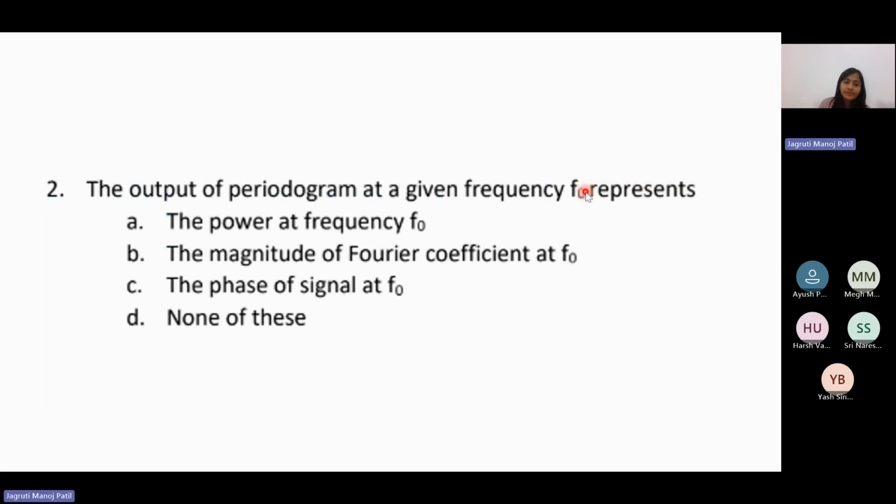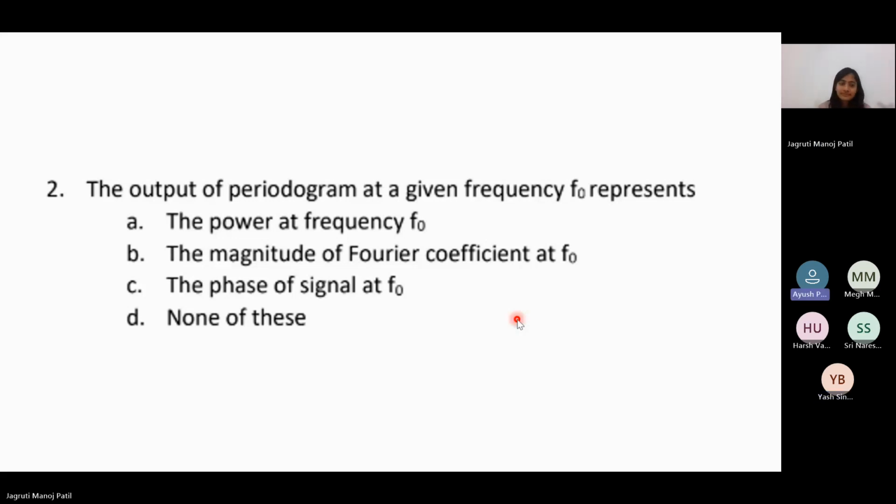The output of a periodogram at a given frequency represents what? The power, magnitude, phase, or nothing. Is it A?